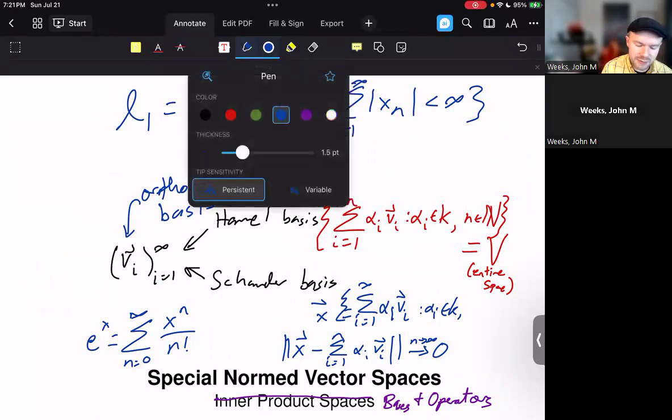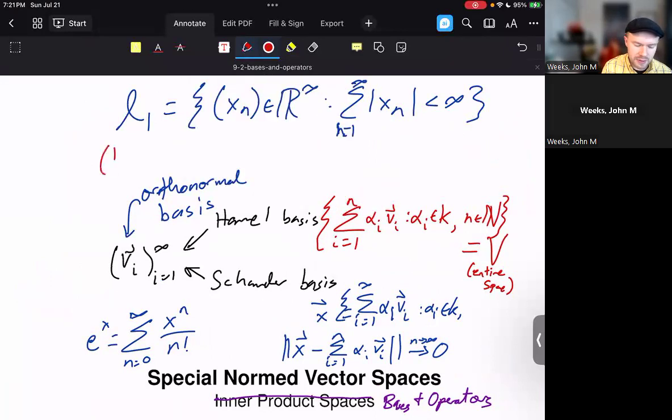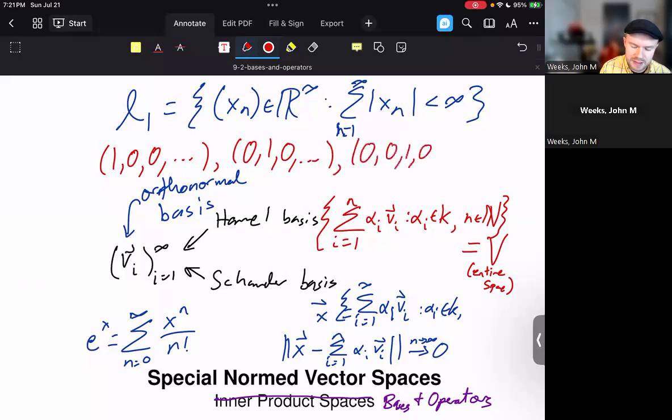The basis for this space is what we have been using as a standard basis for these spaces of sequences, which is you take the sequence that is 1 in one spot and 0 in all of the other spots. So for example, this would be a basis for this space. It's in fact a Schauder basis.